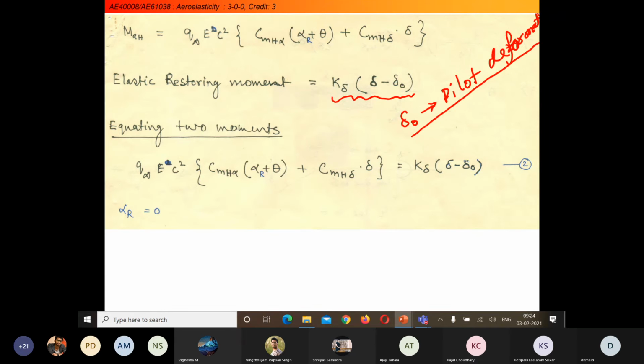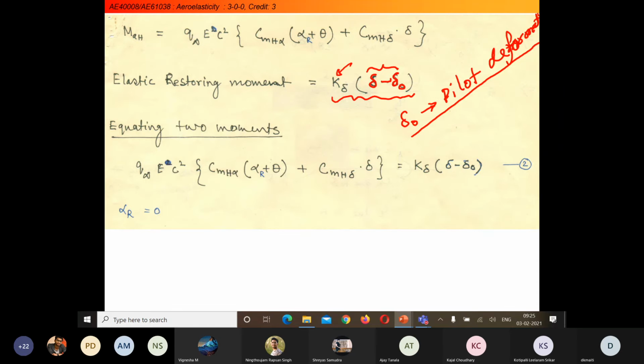However, the control surface will have delta deflection. So K delta multiplied by (delta minus delta naught). Whatever control surface deflection the pilot is demanding, that is delta naught, coming from the hydraulic actuator.